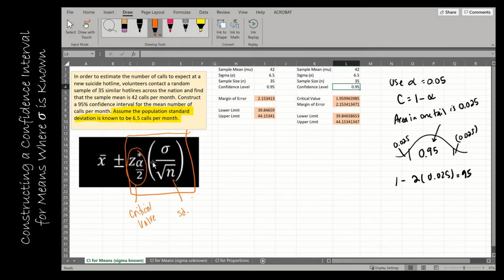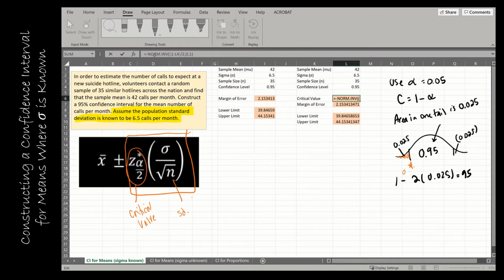If I'm doing it this way, notice what I've put in the box for critical value. I've said norm inverse, and I've actually put a negative in front, because if I do norm inverse, remember what I'm looking for, and we talked about this last week, is what's this value right here? How much area is to the left of this?